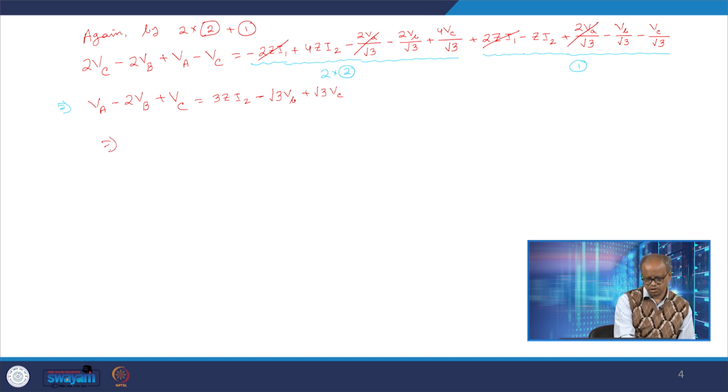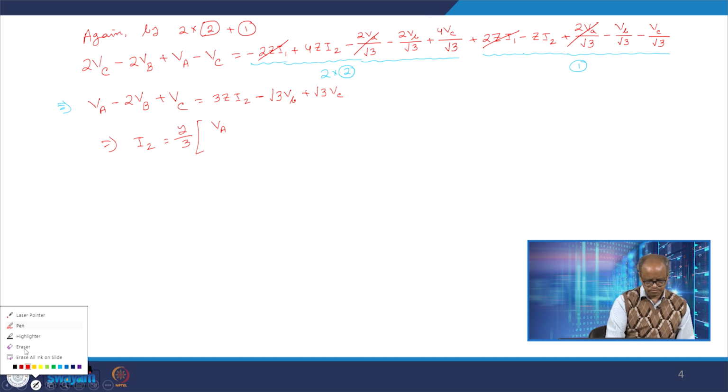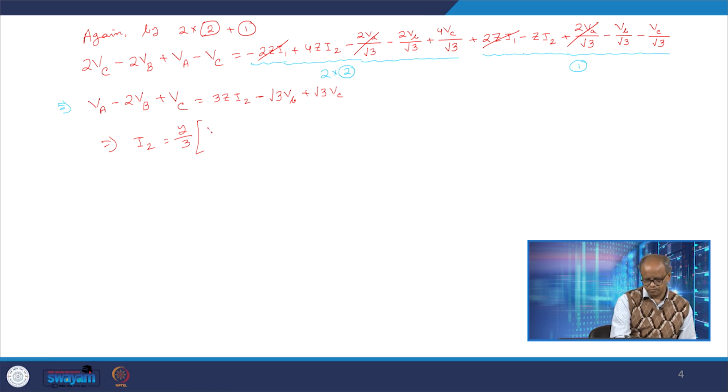So therefore I can write down I2 is equal to Y by 3 into VA minus 2VB plus VC, and then plus root 3 VB minus root 3 VC.